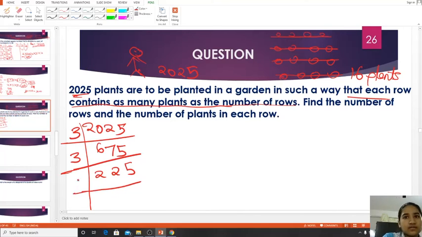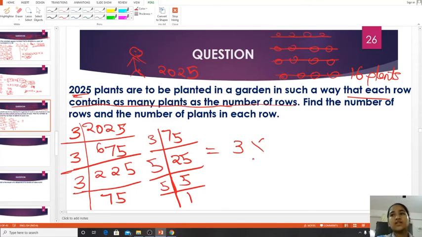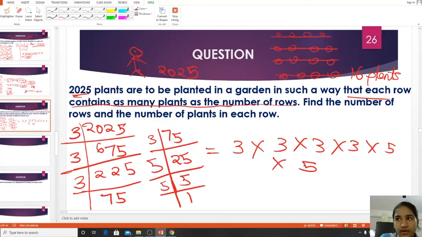We can go with 3 again. Can we go with 3 again? And again with 5, 5, 1. So 2025 is equal to 3 into 3 into 3 into 3 into 5 into 5.